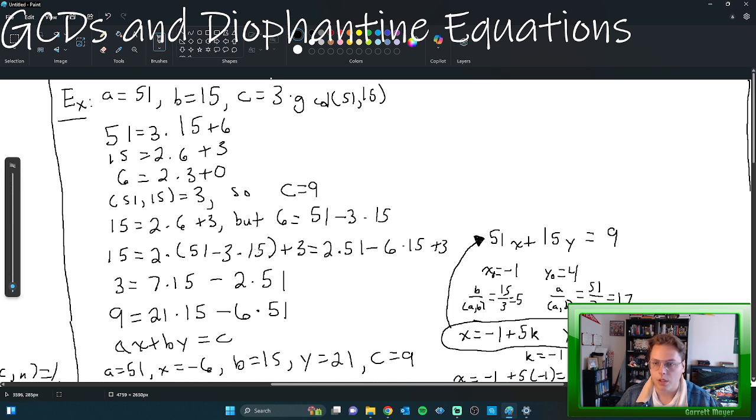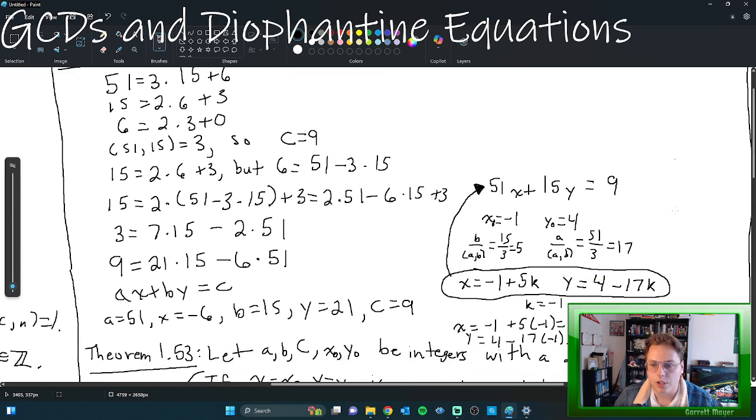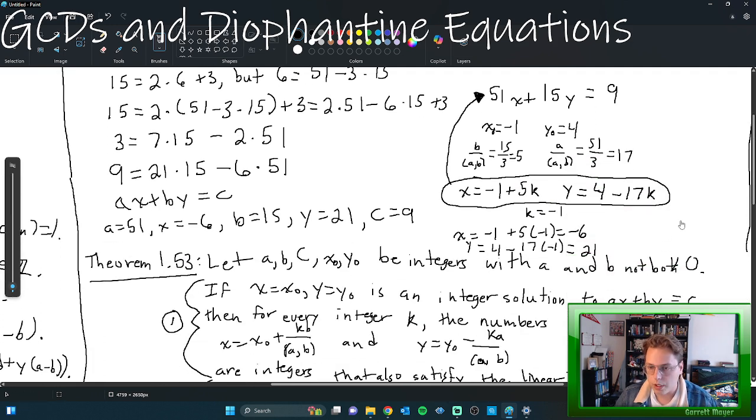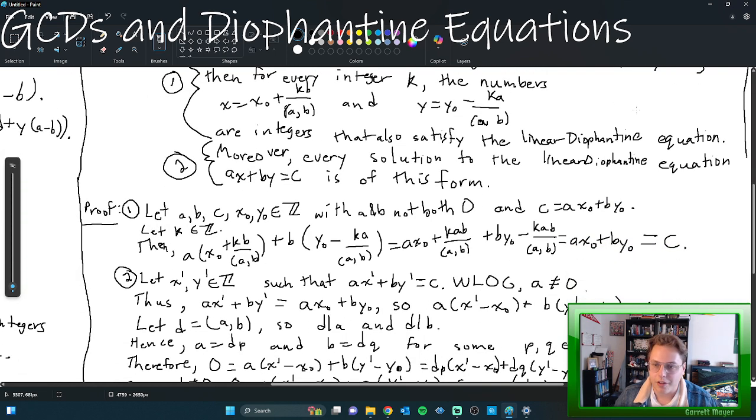Okay. So that's it for the Diophantine equations and for GCDs and those connections. Next, we're going to move into the topic of least common multiples, which is another concept that you may remember from elementary school.